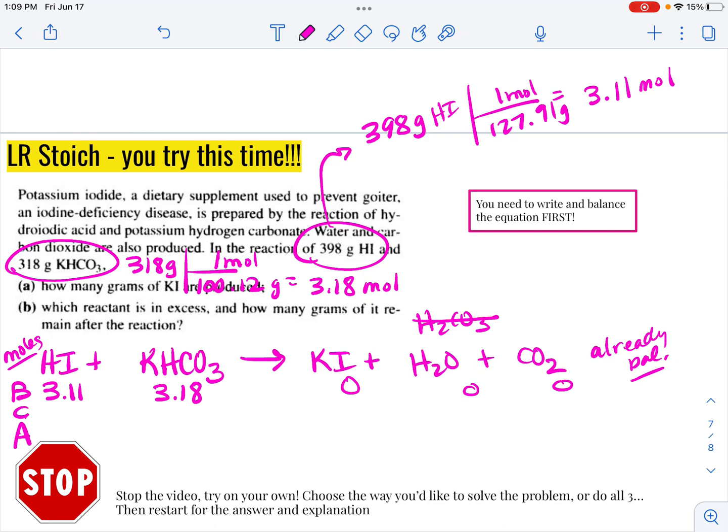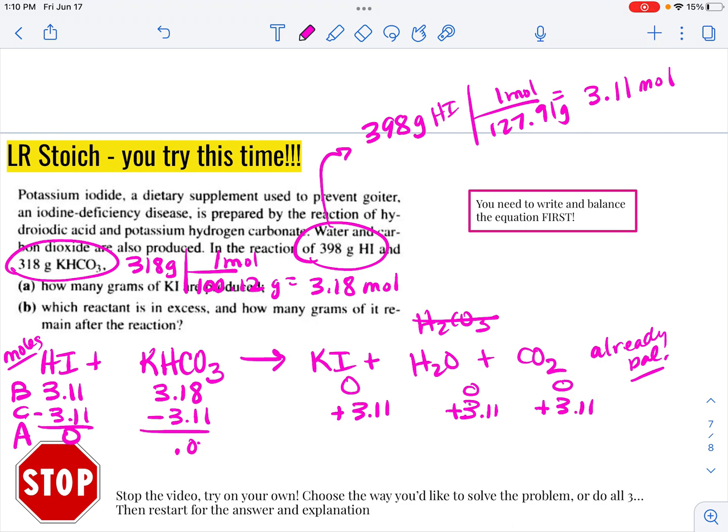I also have none of my products, and this becomes really easy because for every 1 HI, I have to use 1 KHCO3 and vice versa. So because they're 1-to-1, you can see that you're going to run out of HI first. So I'm going to use it all, and I'm going to use the exact same amount of the KHCO3, and I'm going to form the exact same amount of all of my products because they all have coefficients that are the same.